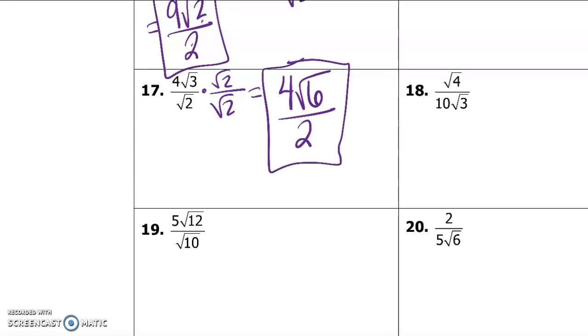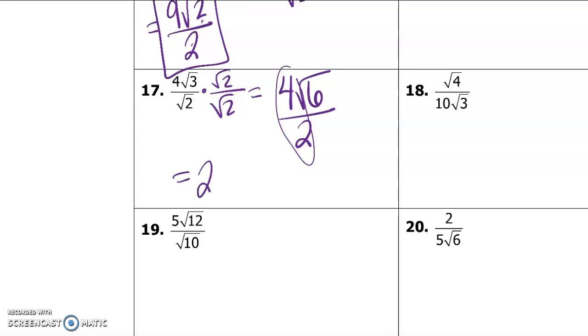Some people think that that is the final answer, but it is not. If you look at this, we have 4 over 2, both on the outside, that can be simplified. So our final answer for this one actually needs to be 2 square root of 6. So you constantly have to be looking for things to simplify.